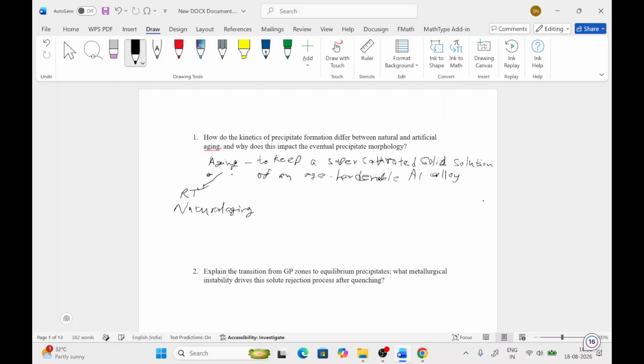While if we keep that supersaturated solution at a certain high temperature, around 100 to 300 degrees Celsius, not more than this, this is called artificial aging.